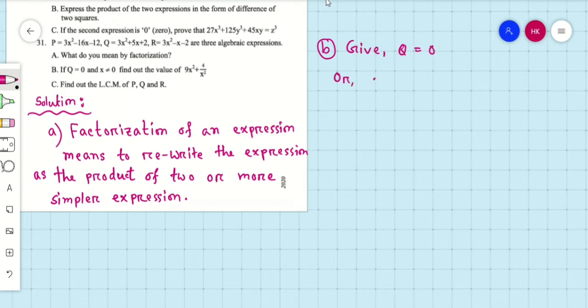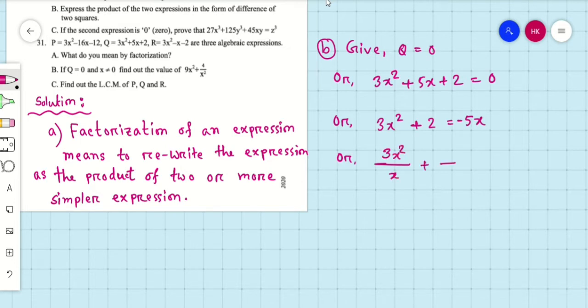The value of q is given as 3x square plus 5x plus 2 is equal to 0, and we can write like 3x square plus 2 is equal to minus 5x, if we just interchange this plus 5x to the opposite side, and then we divide all three parts by just x.